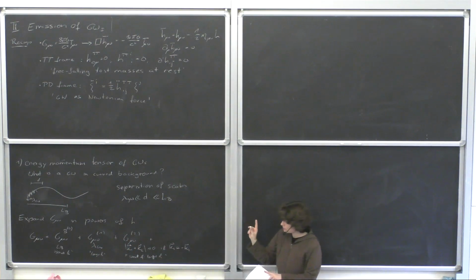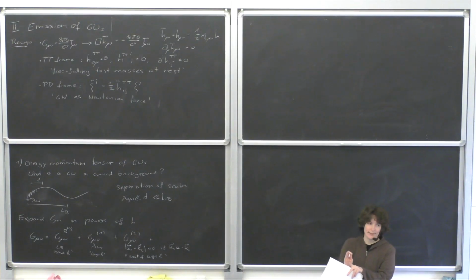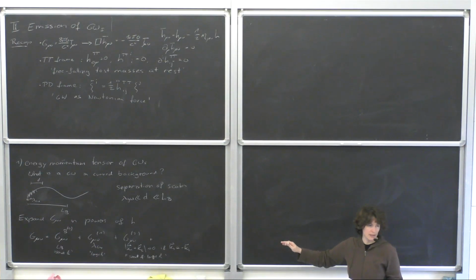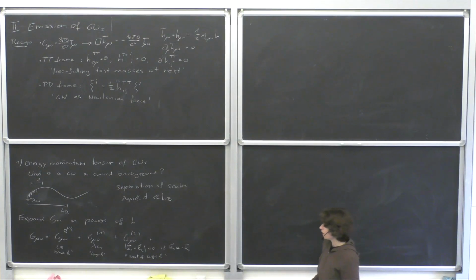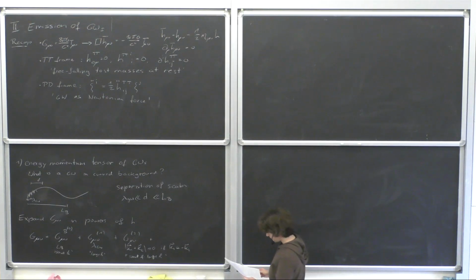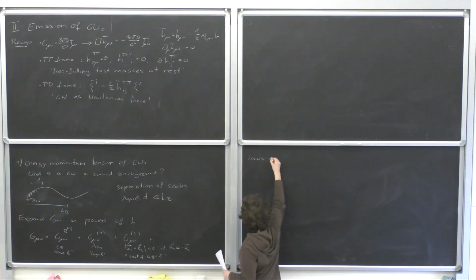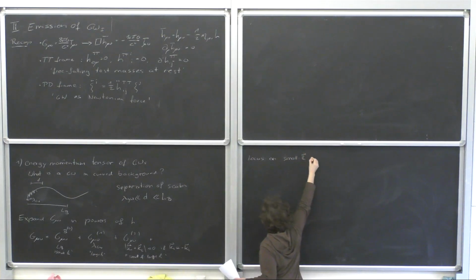If we looked at the other one, if we looked at the small length scale, so high k part of the same equation, that would tell us how gravitational waves are sourced by the energy momentum tensor of the matter, right? But that's not the question we want to answer, right? We want to answer how do the gravitational waves contribute to the energy momentum tensor. So for that, we focus on the small k part, right? So long length scale.